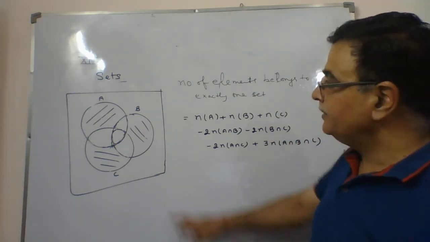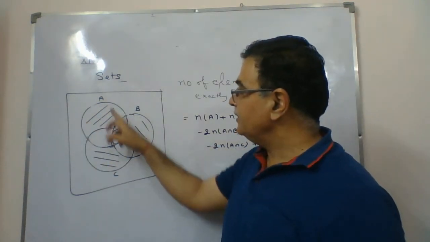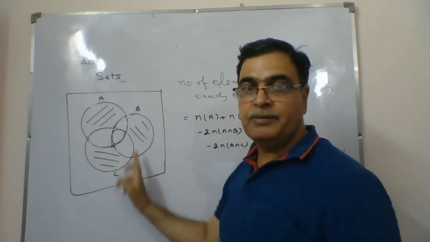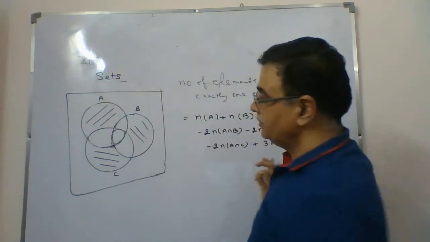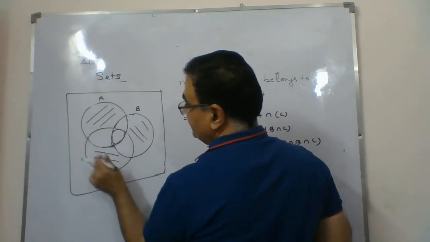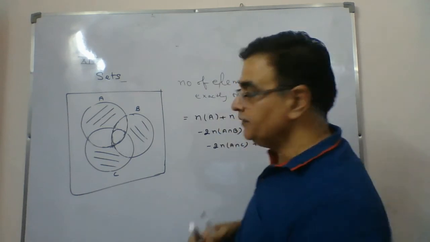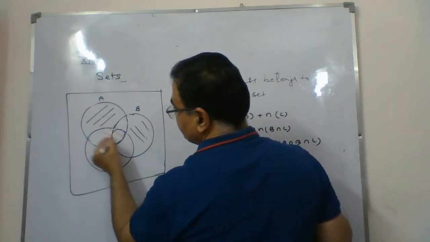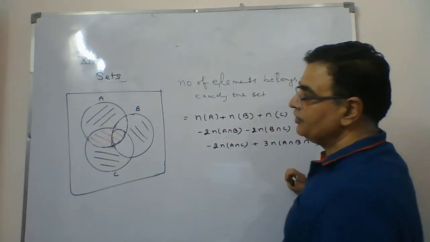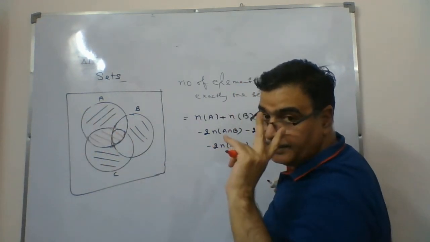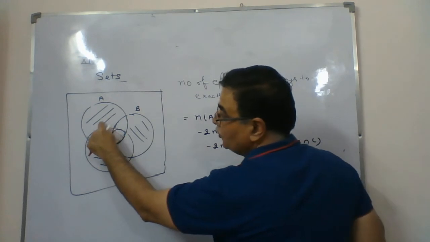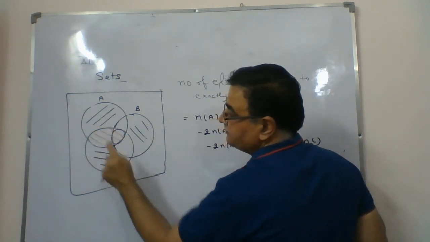So I'll repeat it. This is complete A, this is complete B, this is complete C. First I have taken all three. Now if I take this complete portion, how many times did it come? It came in A, it came in B. It was included 2 times.